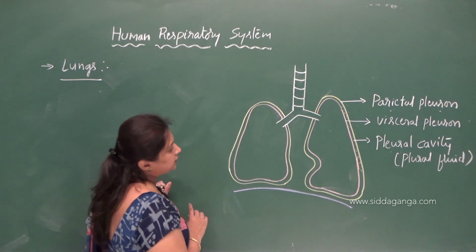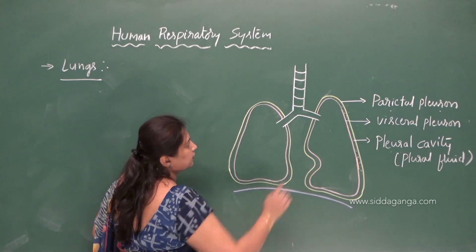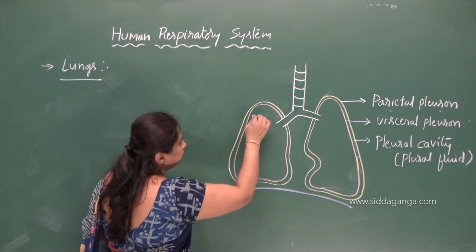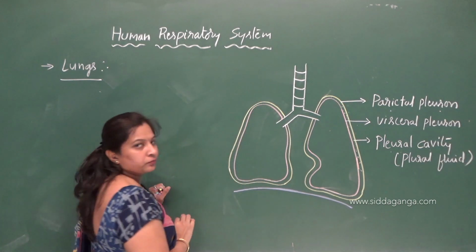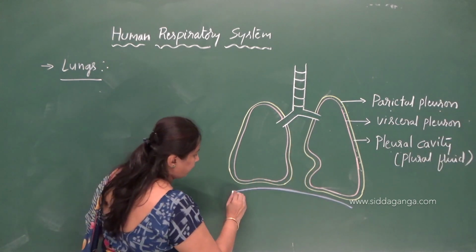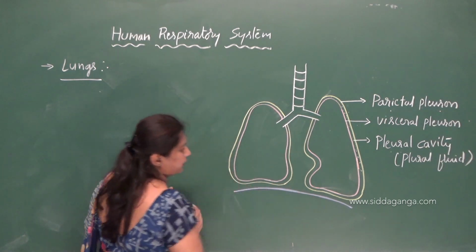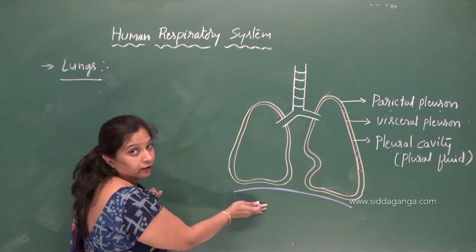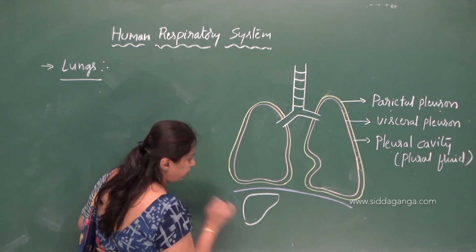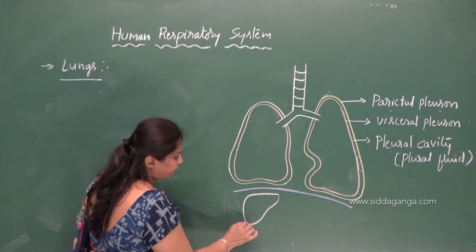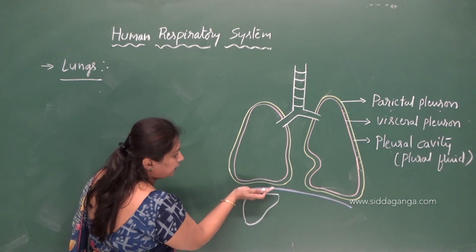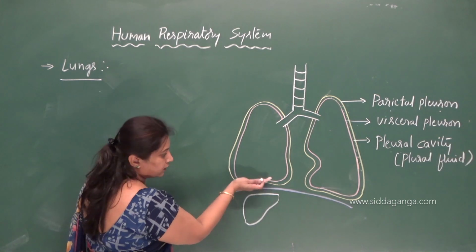There is a little difference between the right lung and the left lung. The right lung is short compared to the left lung. This is because of the raised diaphragm on the right side to accommodate the liver. Due to the presence of the liver, the diaphragm is raised a little towards the right side.